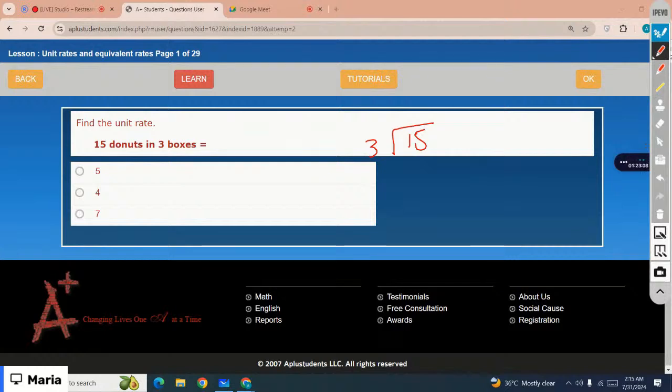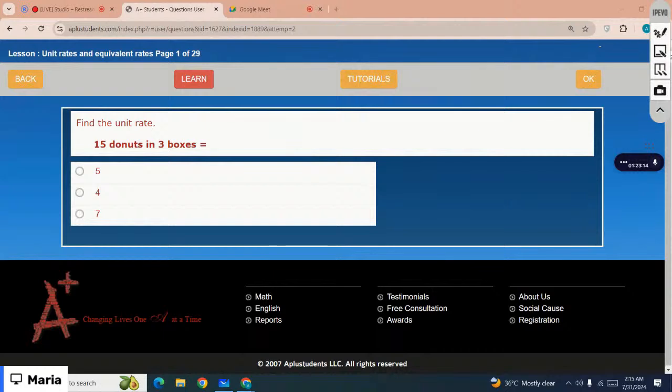The correct option is 5 donuts per box. Option number 1 is the correct option.